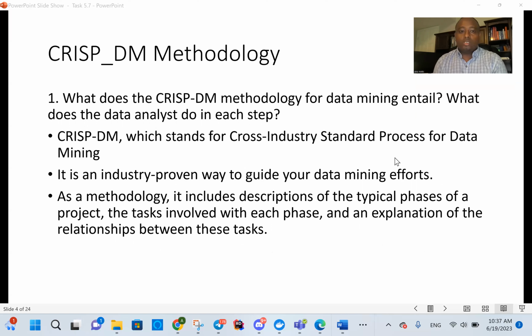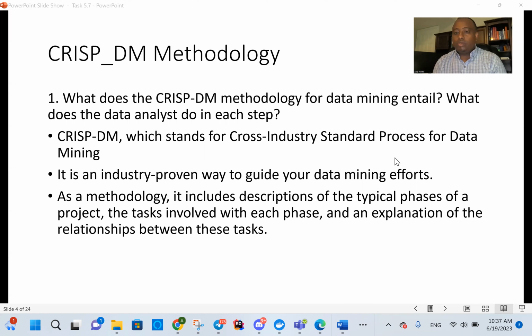To answer this question, we need to clarify what this acronym stands for. It stands for Cross-Industry Standard Process for Data Mining. It is an industry-proven way to guide your data mining efforts.